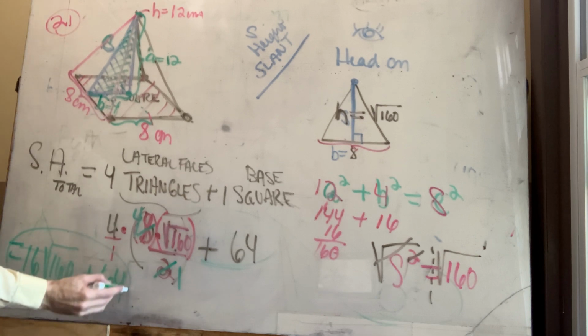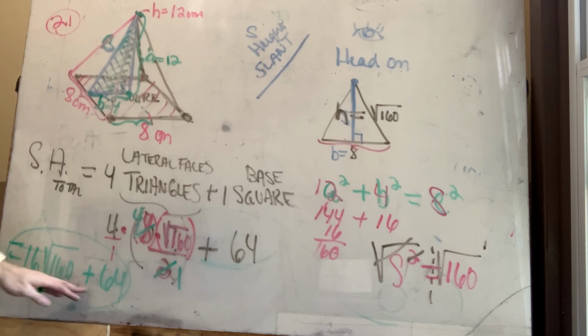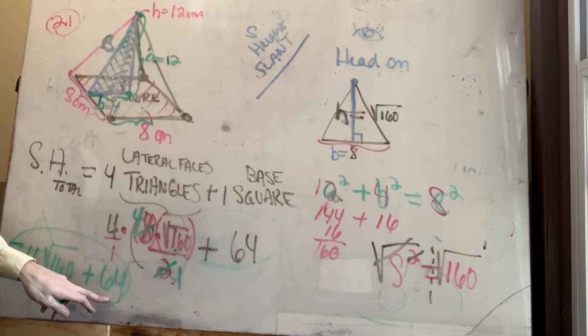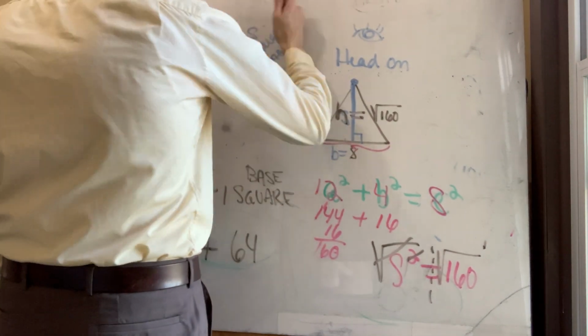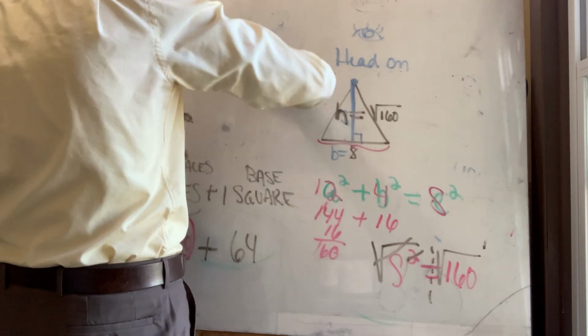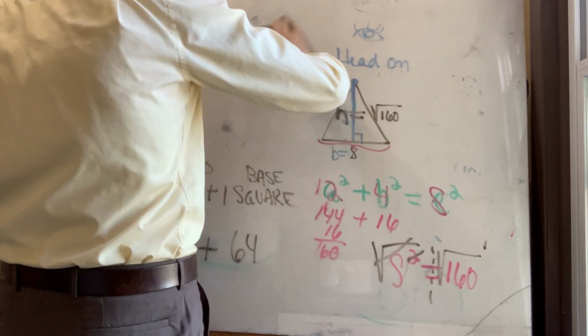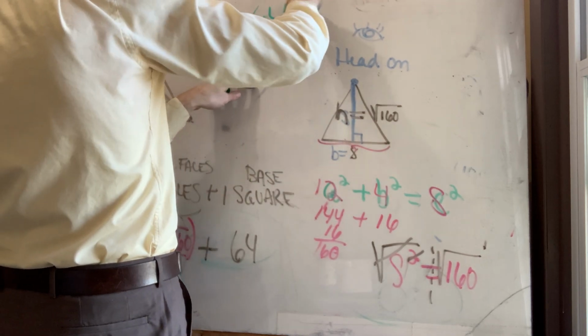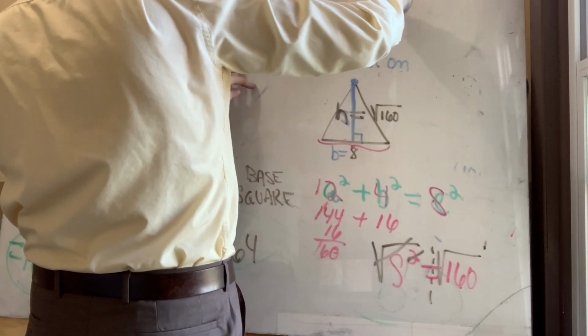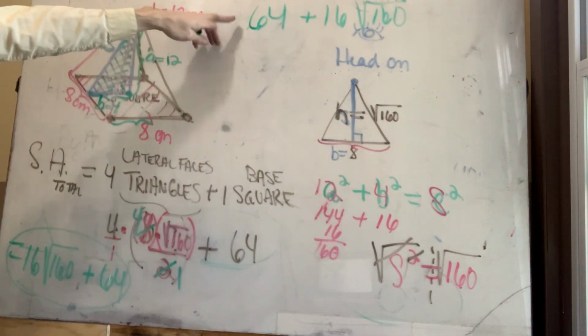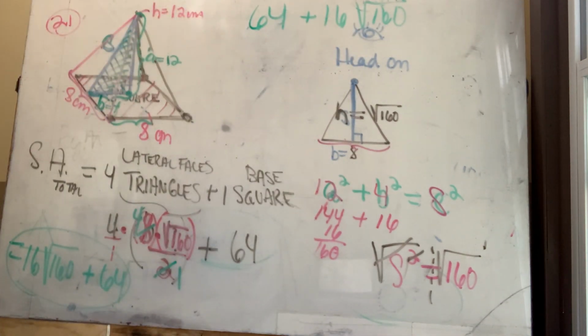I would type this into a calculator because it's perfectly linear as you see here. 16 times the square root of 160, and if you're going to use this in a certain order, I put parentheses here, plus 64. Otherwise, enter it this way: 64 plus 16 times the square root of 160. If you don't incorporate parentheses, this will spare you a little bit of aggravation probably. It's the same thing, just putting the 64 in front.